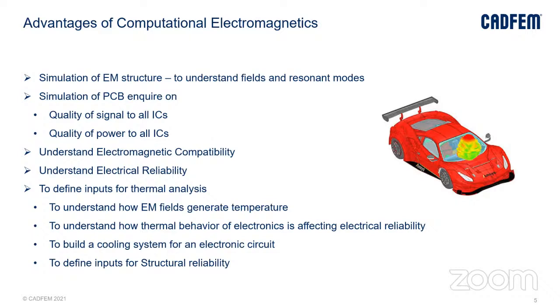This thermal analysis, taking the inputs from computational electromagnetics, is important because it helps us understand how the fields or currents flowing in a PCB or any structure determine how much temperature it is generating, and thereby understand where the heat is concentrated in that particular structure or PCB, and thereby take the necessary action to cool the circuit, and also improve the thermal behavior or thermal reliability of this PCB or structure.